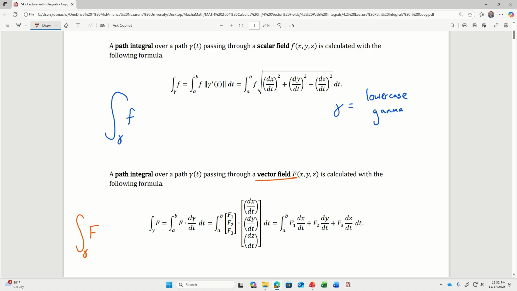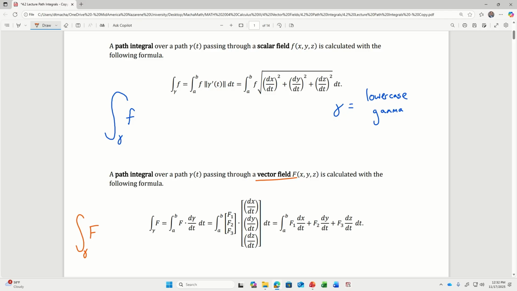If these are orthogonal to each other, like if you're traveling orthogonal to the direction of the vector field at a 90-degree angle, then the integrand is going to be 0, regardless of how strong the vector field is and regardless of how quickly you're moving in that direction. If the vector field is pointing in the opposite direction of your velocity vector, so you're moving opposite the vector field, you're going to have the maximum value but with a negative sign.